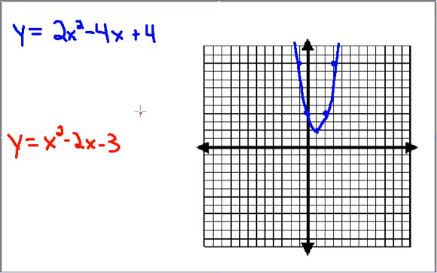Let's come over here on our second screen. This is y equals 2x squared minus 4x plus 4. This function is the one that we took a look at in a previous session, and I've gone ahead and regraphed it right over here at the right. The question here is, when y is 0, how many solutions are there?